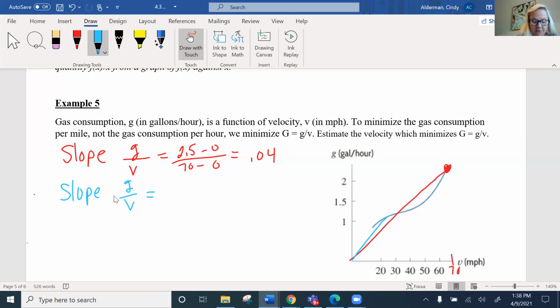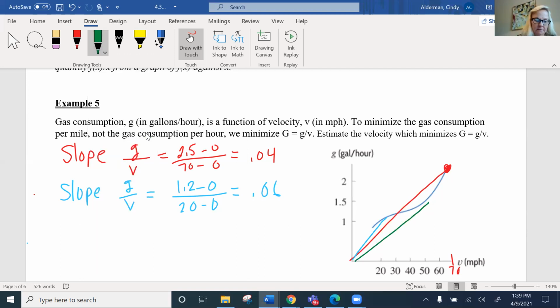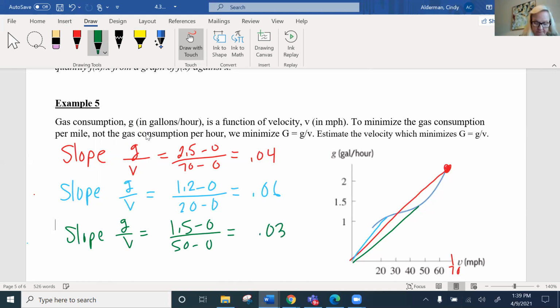So again, I'm just kind of estimating, and you'll get 0.06. Then let's say we do it from another place here. So here we've got 1.5 minus 0 and 50 minus 0. And this will be 0.03.